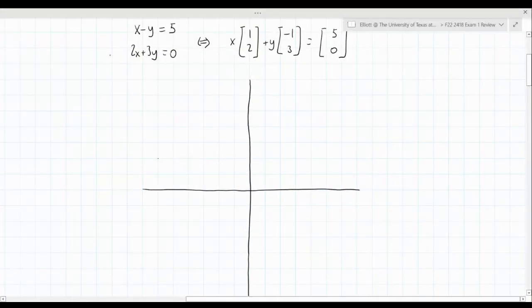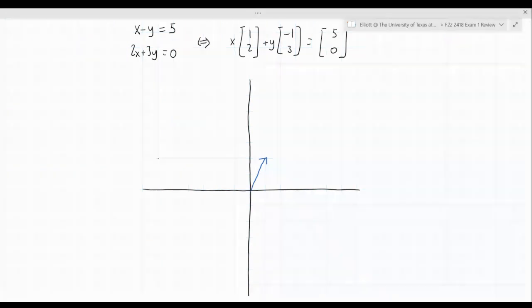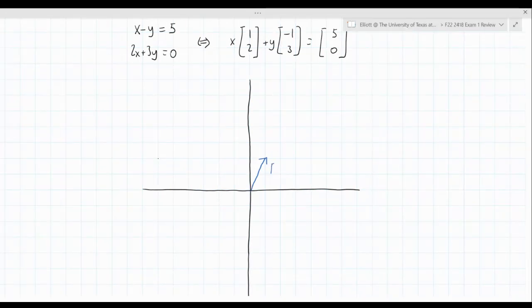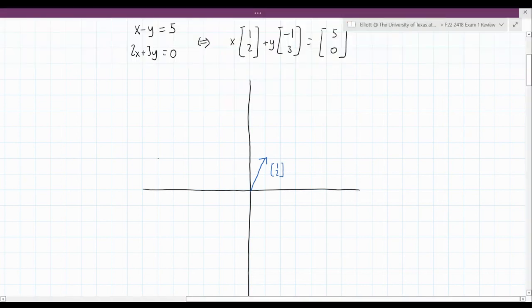So first vector 1, 2, it's going to be out to there, okay? So that's 1, 2. Next, let me draw vector -1 and 3. So -1 and 3. Goes up to here, okay?